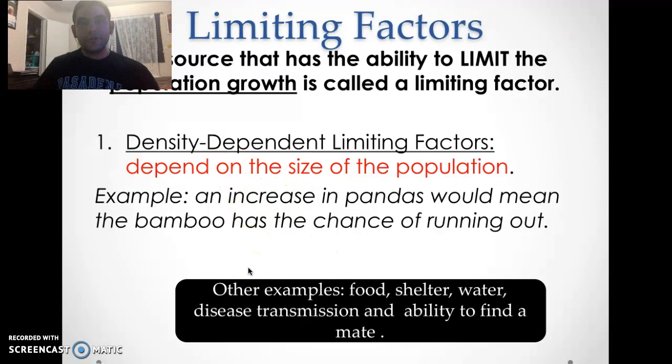If there's too many pandas, well, space is going to become limited, so the population is not going to be able to grow anymore. Same goes for water. Too many pandas means that the population is bigger, so water is going to be a lot more difficult to get for the panda. So these are factors that are dependent on how the population is growing.